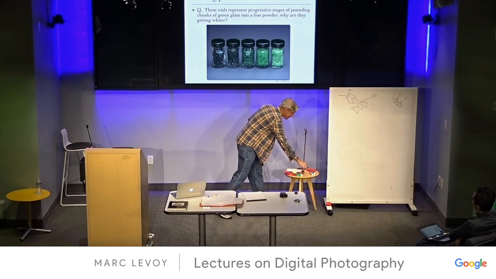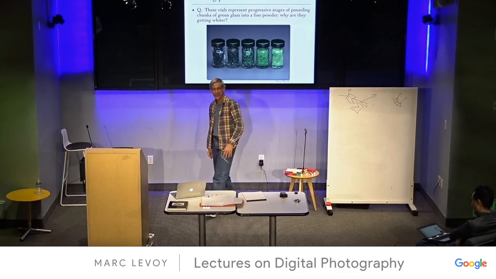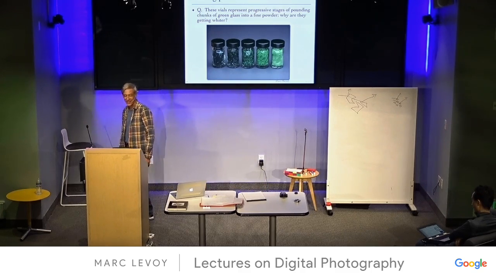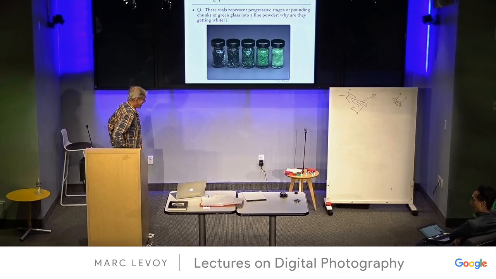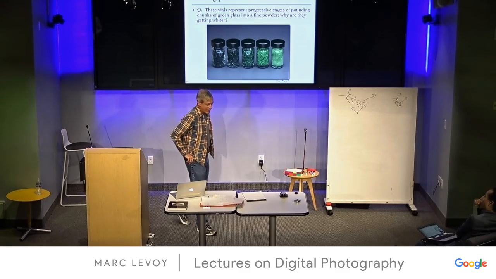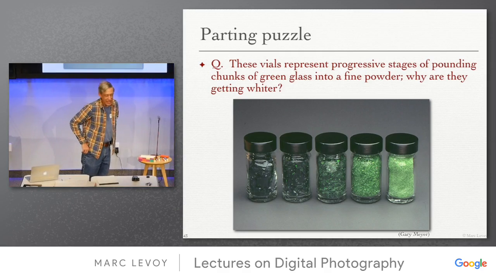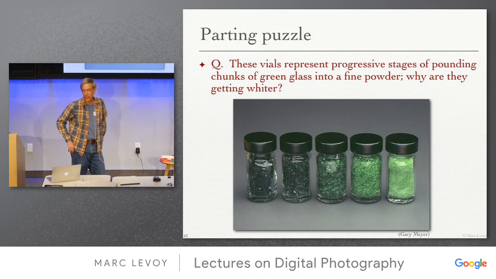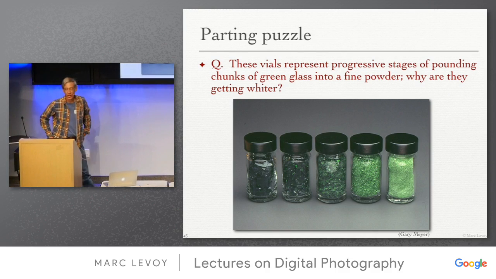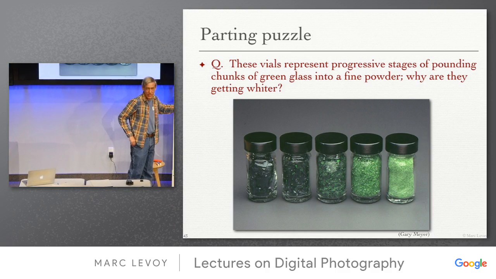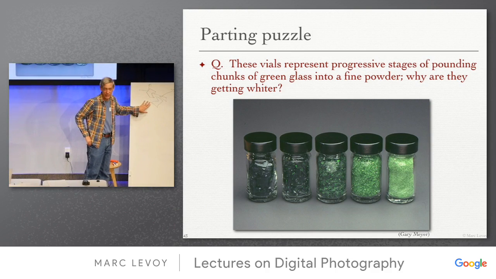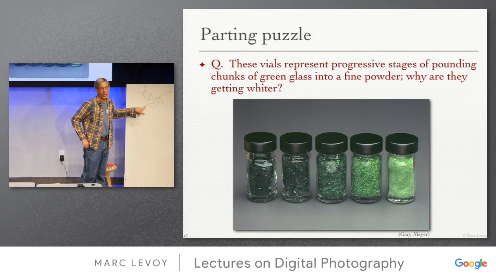Florian? So, given that explanation, pretty much any substance, if you powder it finely, should become white, right? But that's not true. Right. So Florian is saying that any substance, as you powder it more finely, should become white, and that's not true. Right. So this is a semi-transparent object, and it's preferentially absorbing.